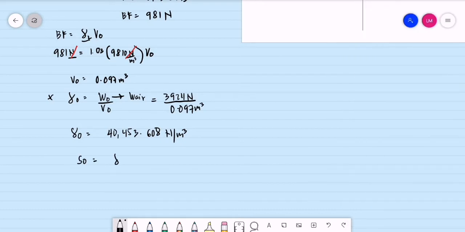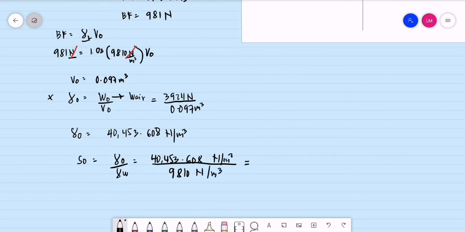This is equal to the unit weight of any object divided by the unit weight of water. This is 40,453.608 newtons per cubic meter. Take note that our divisor should have the same unit. That is the 9,810 newtons per cubic meter.